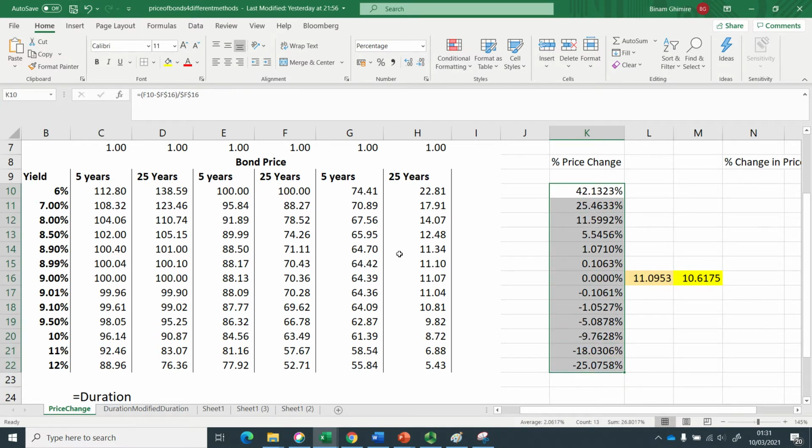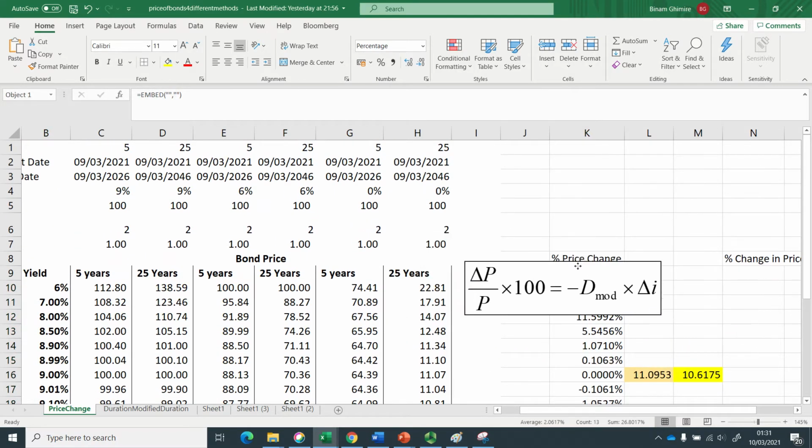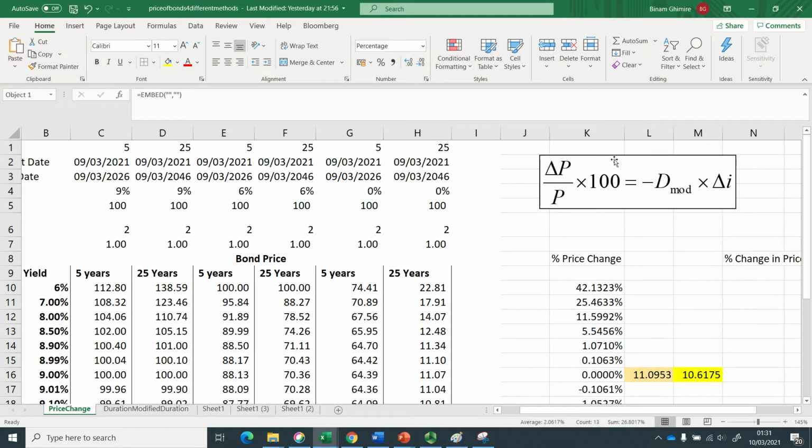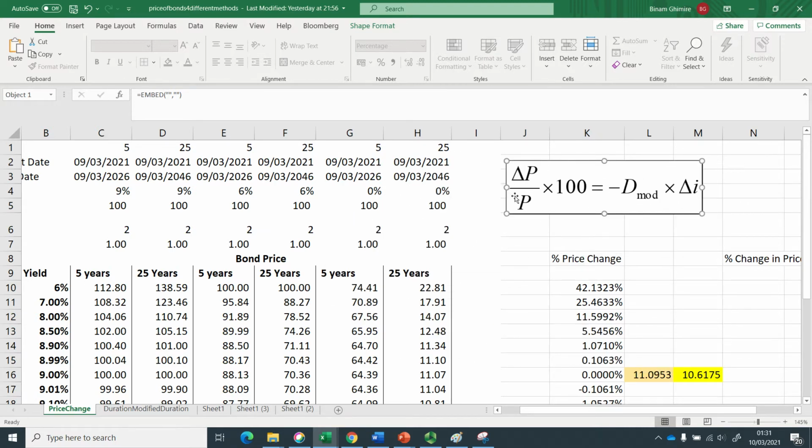Now, what we want to achieve is, can modified duration help us achieve the percentage price change? This is what we want to do. We've got this formula, where D mod is modified duration. This formula tells you that delta P divided by P, multiplied by 100, gives you the percentage price change.